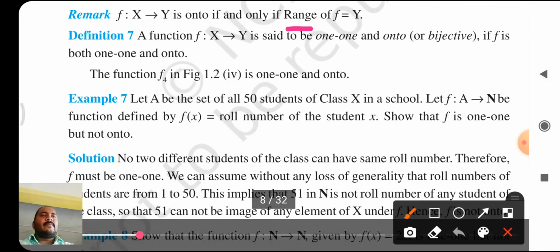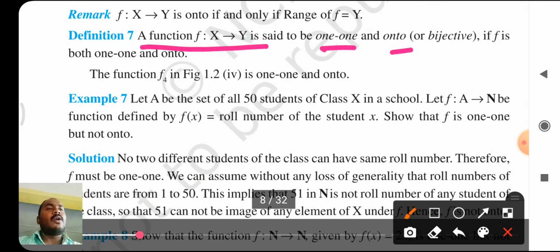If the range of f is equal to y, then the given function f is said to be an onto function. Next, the function f from x to y is said to be one-one onto or bijective if f is both one-one and onto.